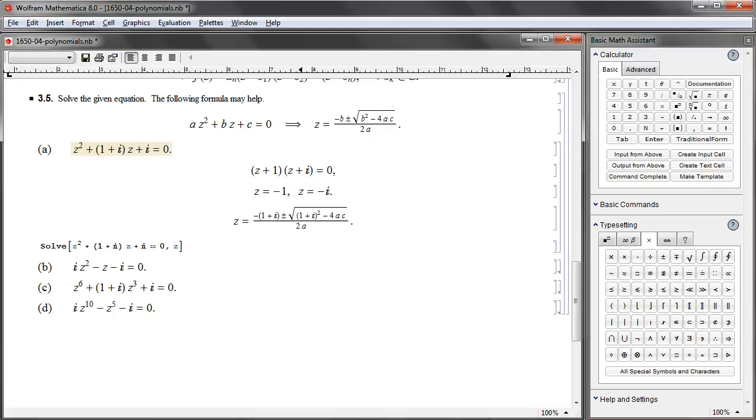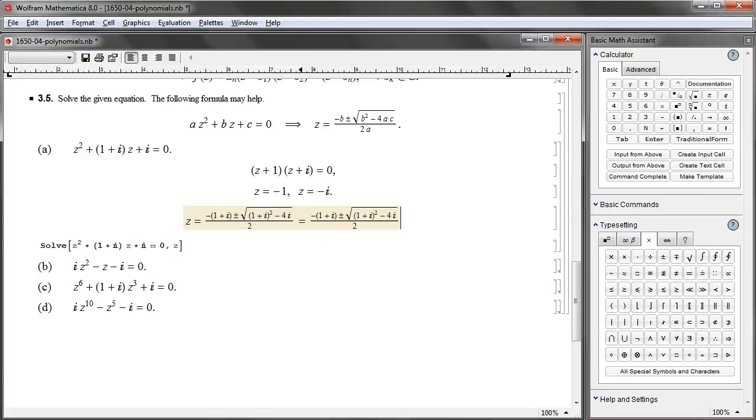There's nothing there, so 1. And then c is i, so this whole thing becomes 4i. And then 2a, a is 1, so we have something like that. And then, is it possible to simplify it? Well, it should simplify itself.